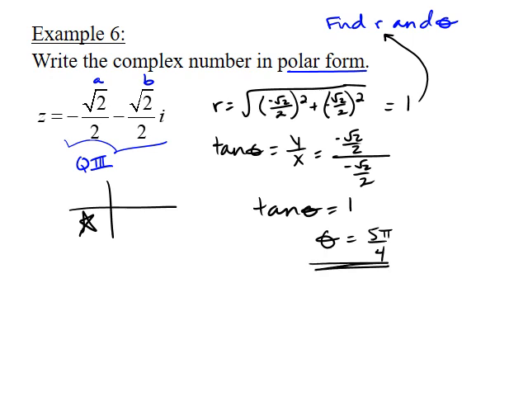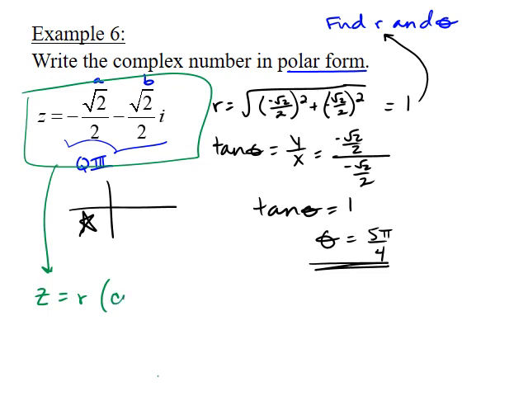So instead of using this form, I can rewrite this in polar form by using this formula, r times cosine of theta plus i sine of theta.